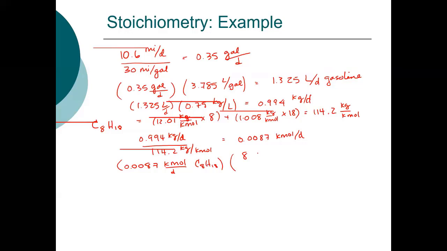So we have 8 kilomoles of CO2 that we produce for every kilomole of octane that we burn. And we'll multiply that by the molecular weight of CO2, which is in kilograms per kilomole, and that is 3.06 kilograms per day of CO2.